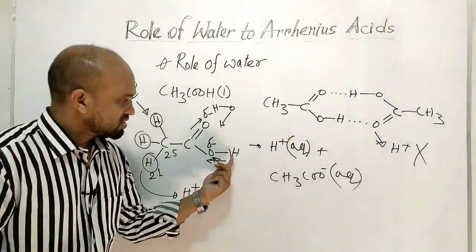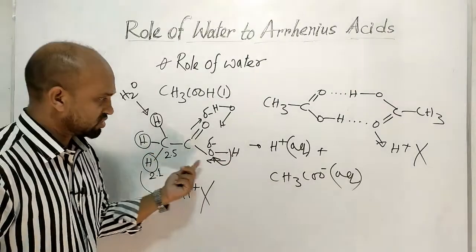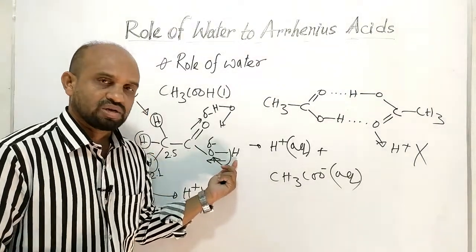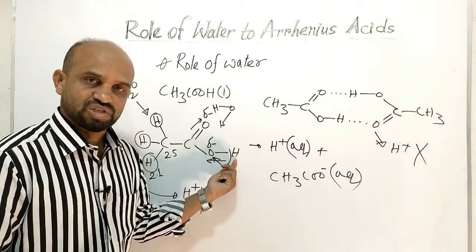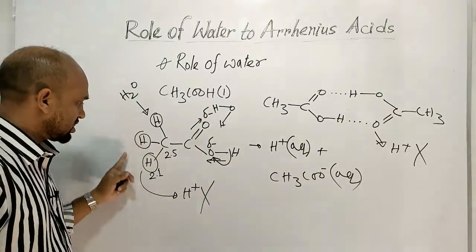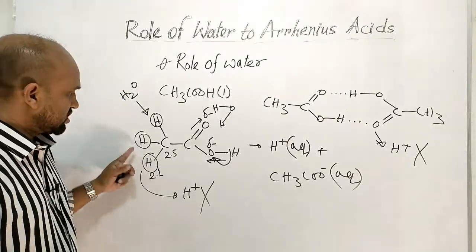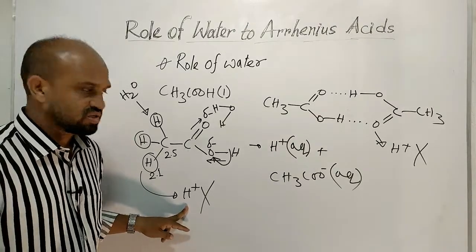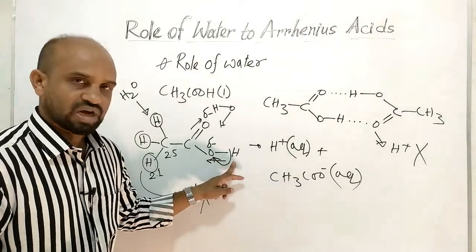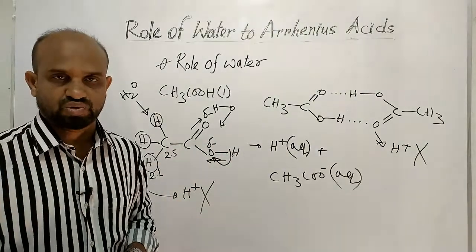So only this hydrogen is acidic hydrogen, not this hydrogen, because this hydrogen and oxygen, these hydrogen got positively charged, and these hydrogen cannot get positive charge. That is why from this methyl group no protons are created, only this hydroxyl hydrogen is freed as proton.